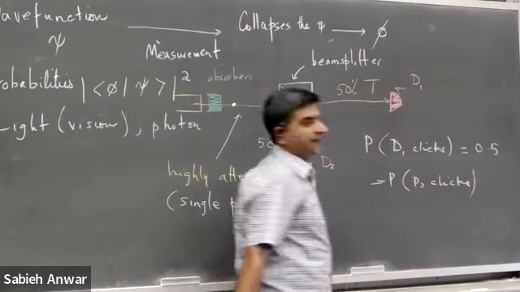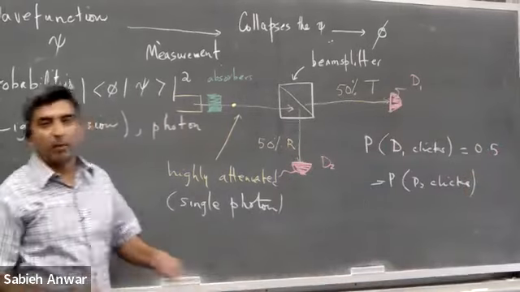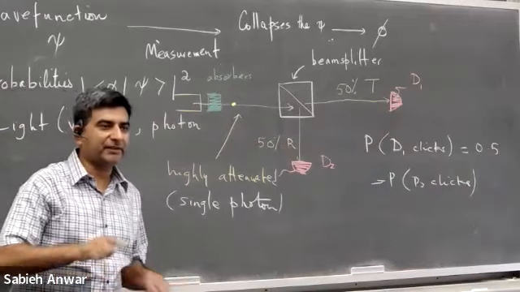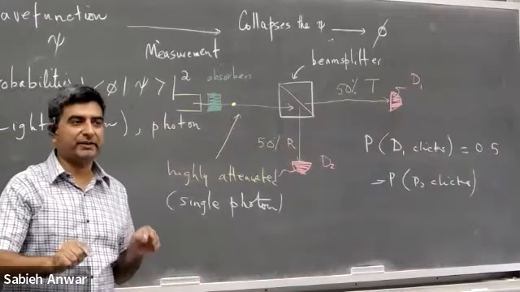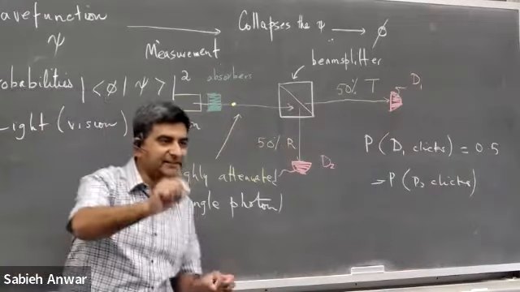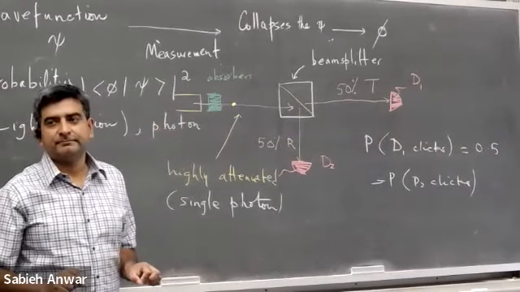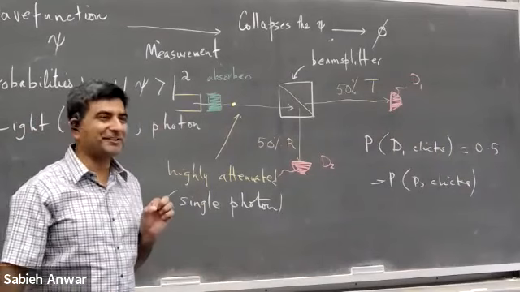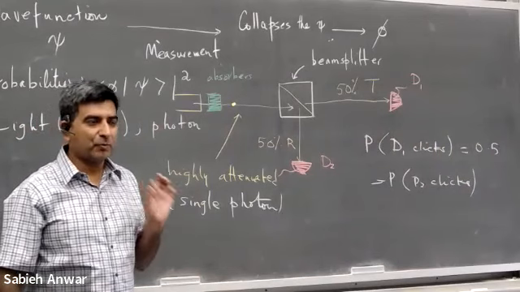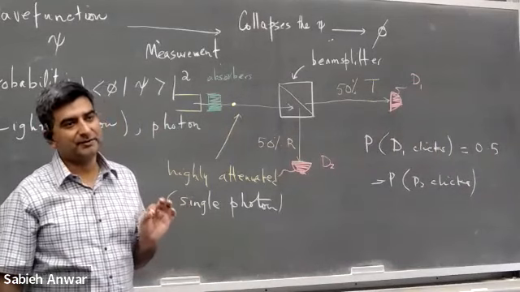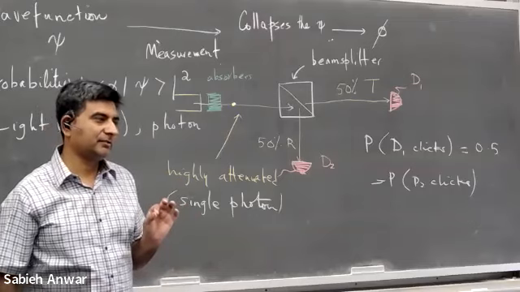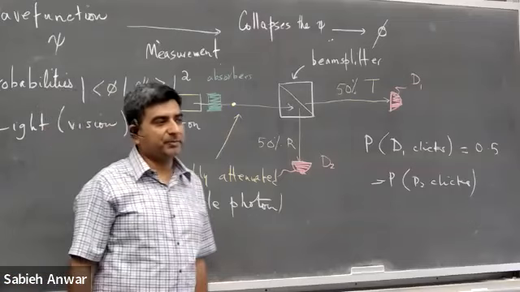And both of these detectors cannot click at the same time. There can be no simultaneous or coincident detection on the two detectors. One detector precludes the other, because the photon cannot be split.